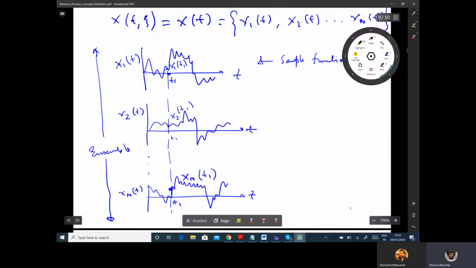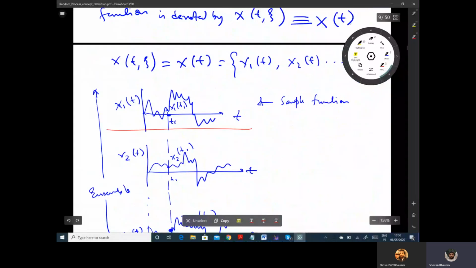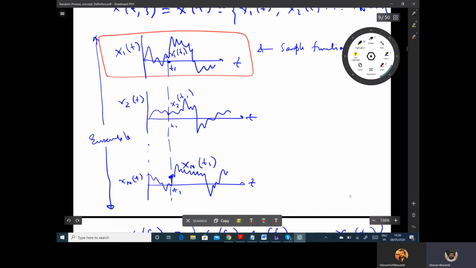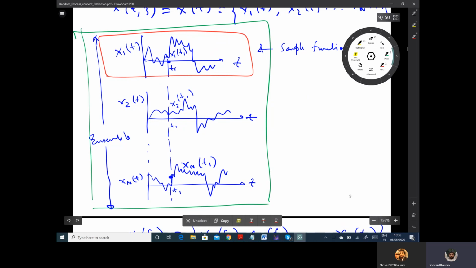So one way we can represent it is as a single function, this way. And all the things we can represent as well. This single thing, a single function of t, is one way of representation.